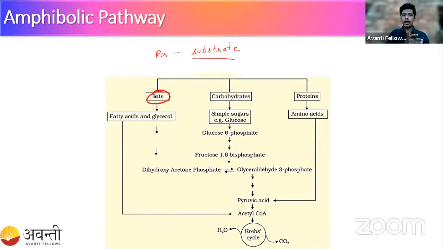For the fat to be utilized in our body, first the fats are broken down into fatty acids and glycerol. So fatty acids are utilized in a certain way, and glycerol is used in a certain way. I know that it might look quite complicated or confusing for you. Like, why did fatty acids and glycerol come in the first place when we are talking about fats?